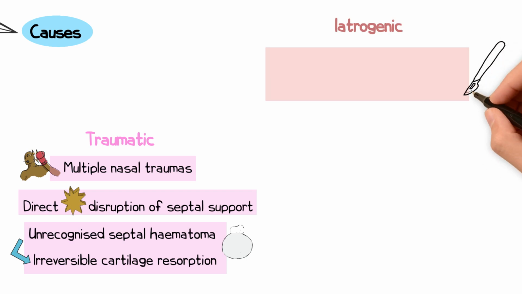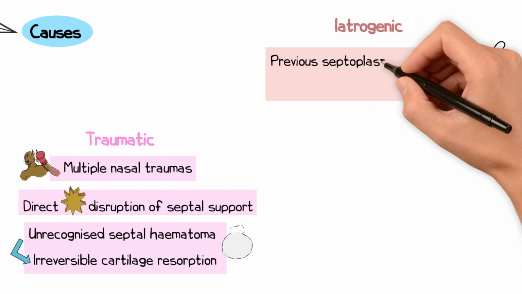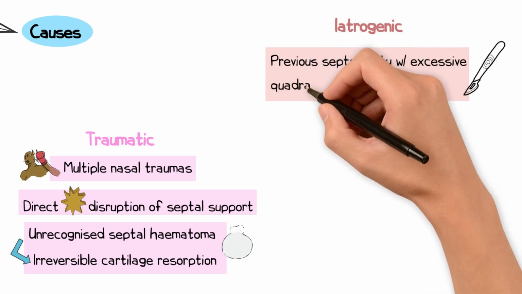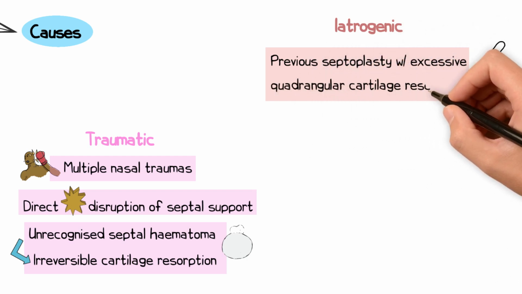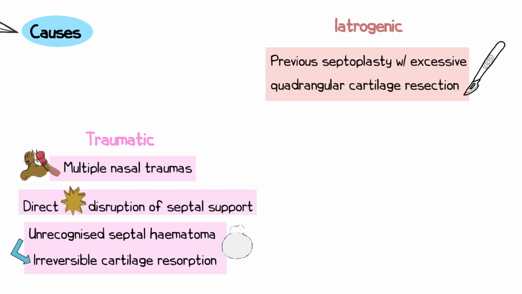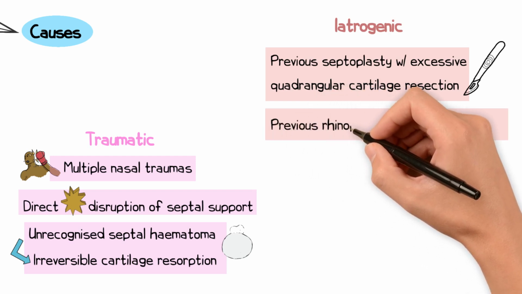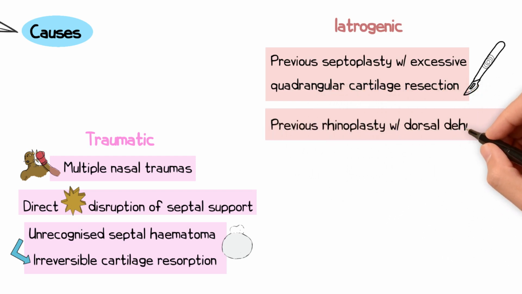In iatrogenic cases, this is typically seen in patients who have had old-fashioned septoplasty surgery with significant resection of the quadrilateral cartilage. In addition, in rhinoplasty patients who have had dorsal dehumping, they too can have a saddle nose deformity.